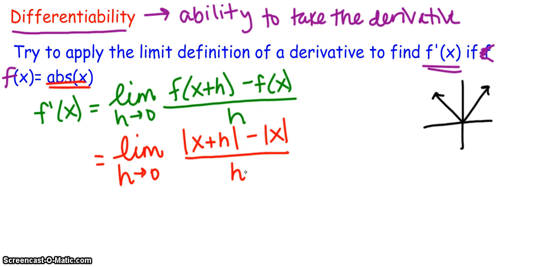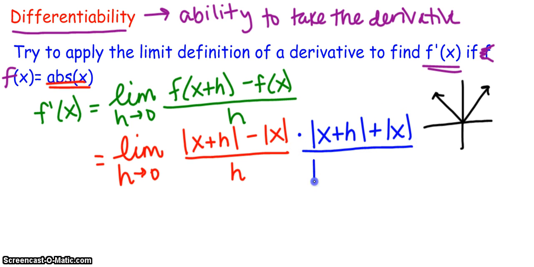Alright, well if you plug in 0, you get 0 over 0, which means you need to keep going. Well, to keep going with algebra is a little bit tricky with those absolute values. I'm going to suggest here that because we have subtraction in the numerator, let's try multiplying by a conjugate. Well, I know if I multiply by the conjugate in the numerator, I have to multiply by that same conjugate in the denominator.